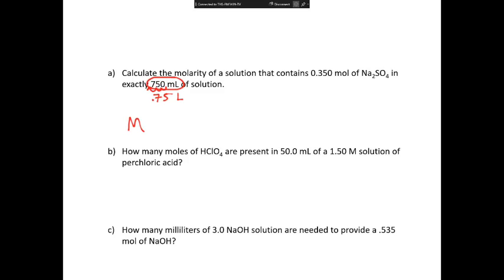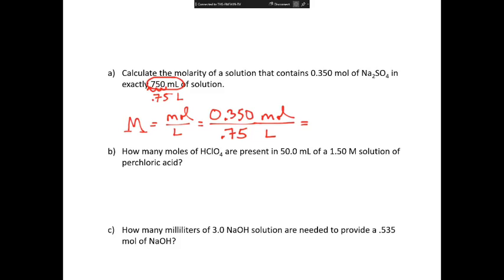If I'm solving for molarity, I set it up this way. Molarity equals moles over liters. So in this case, it's easy. You just divide your moles, 0.350 on top, over 0.75. Moles for every liter. I'll do that division real quick.